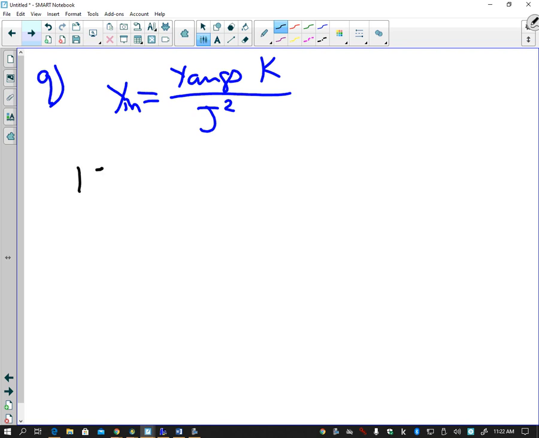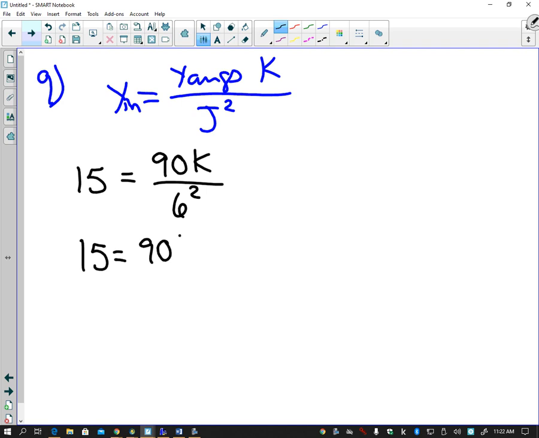There's 15 yins, 90 yangs, and 6 jades. So 15 equals 90K over 36. Multiply by 36. You're going to have to help me out here on the math. What's 15 times 36? 540 equals 90K.